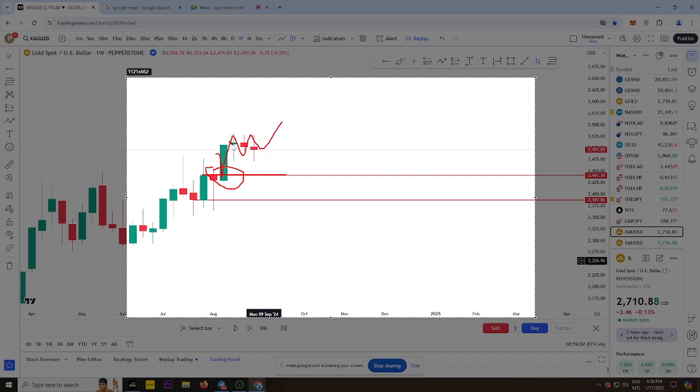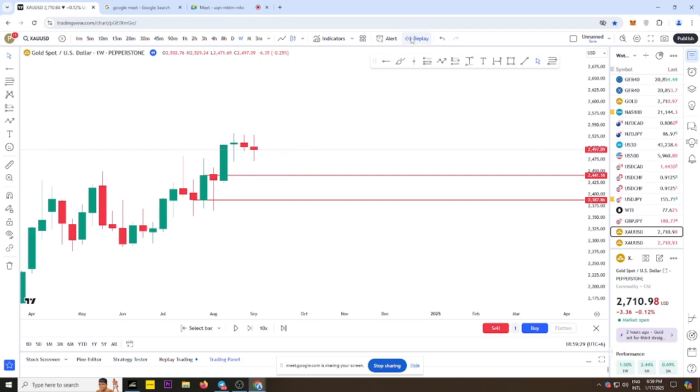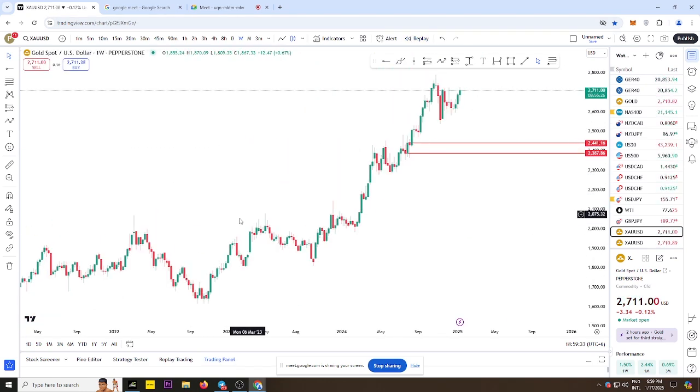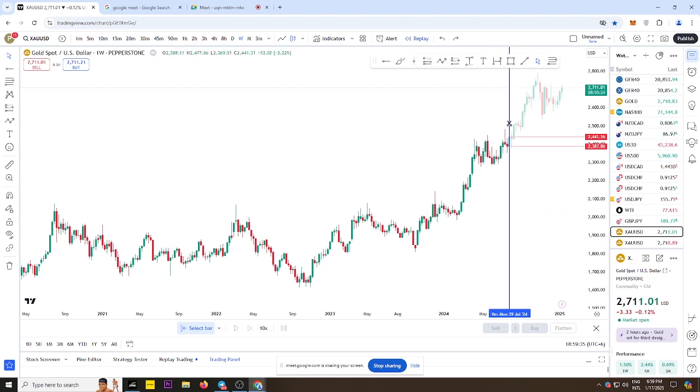If in case it comes here and goes up and then breaks out again with a body, we will say it becomes fresh again. So normally we are going to use it like 2 times. This is not that much important. Later we will know why. Okay, so let us move on to where we were.